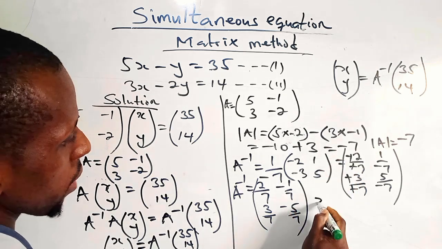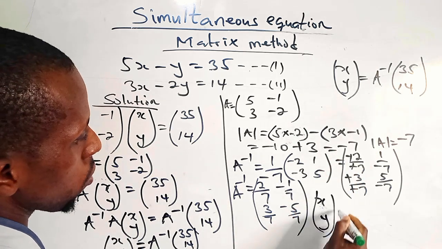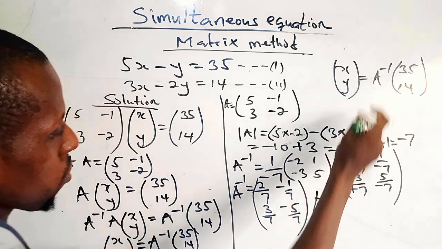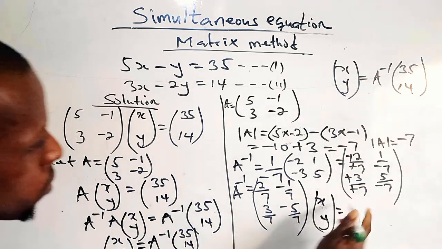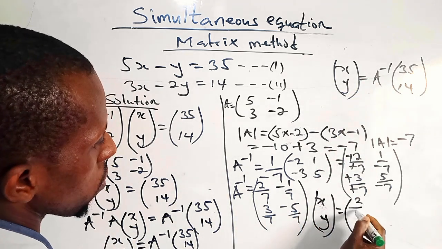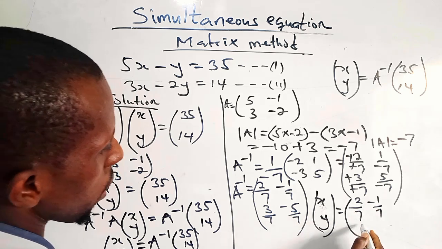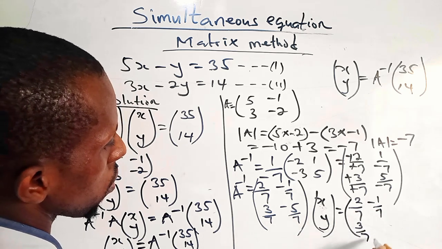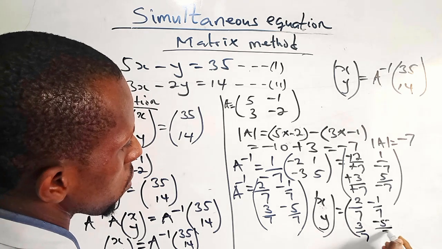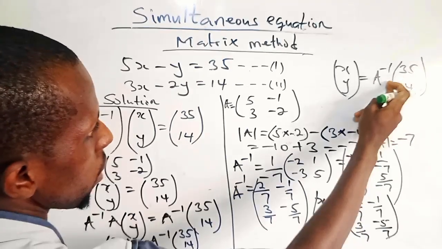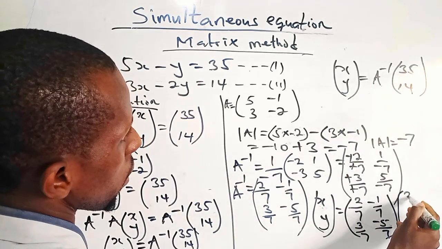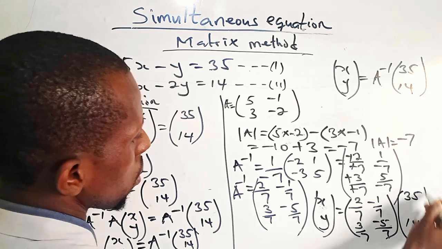I'm trying to determine x and y, which equals the inverse of A, which is 2 over 7, -1 over 7, and here I have 3 over 7, -5 over 7, times 35 and 14.